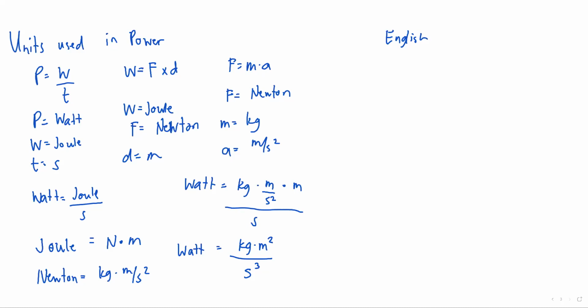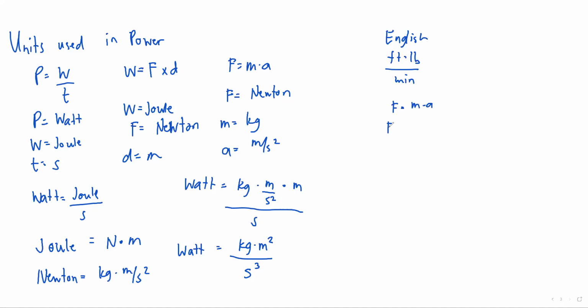Sa English, 'di ba, ang unit natin is foot pound per minute. So, ang need natin i-break down dyan is yung pound. Kasi yung pound dyan, guys, pound as a force. Okay? So, pound as a force yan. So, force is equal to mass times acceleration.